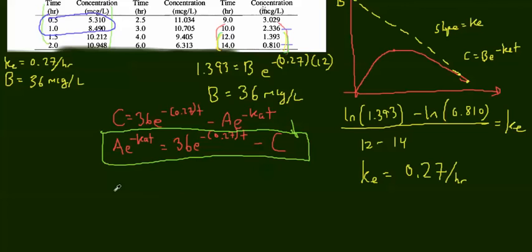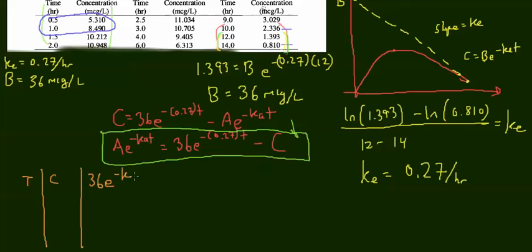Sorry, I'll use a different color. If I make a time column, I really recommend this. It really organizes your numbers, and you will 100% not get it mixed up.